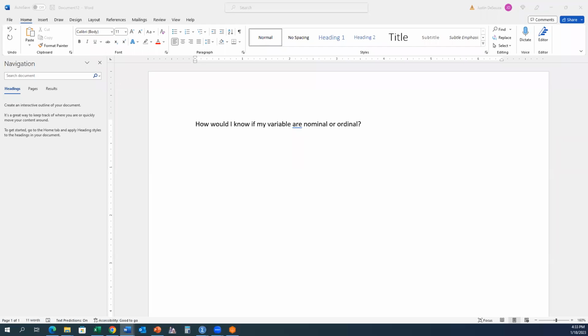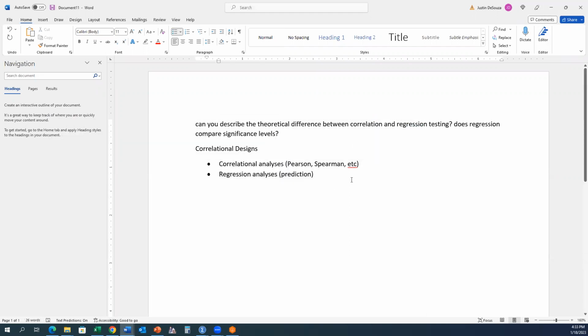Follow up from Rebecca. When is a t-test considered? So a t-test is considered when you're looking at differences. Okay, so a t-test is used to analyze for differences. That's the key word.